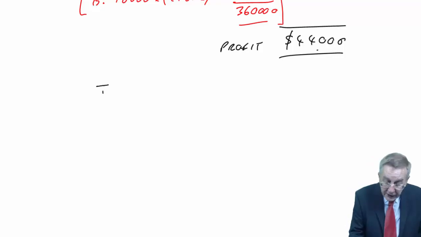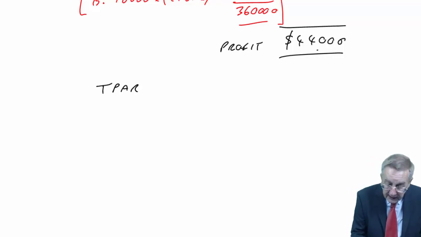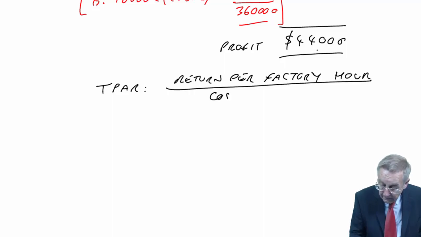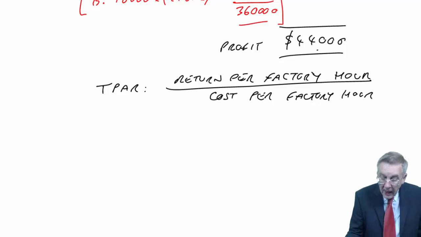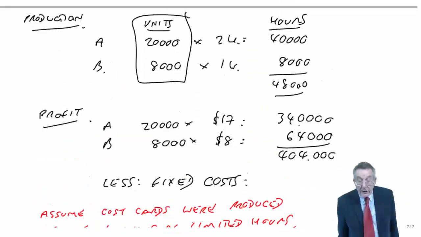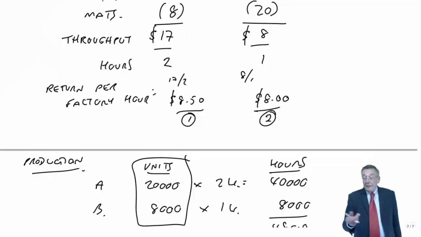The throughput accounting ratio, the last formula listed, is the return per factory hour over the cost per factory hour, and for each product we've already calculated the return per factory hour there, $8.50, $8.